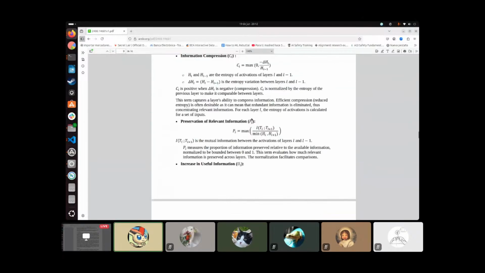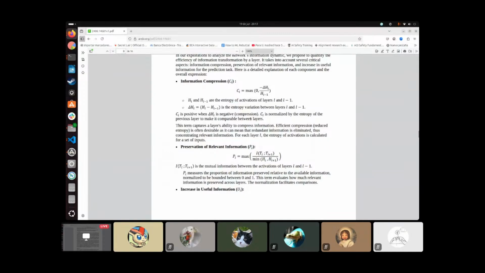What's compression and what's efficiency again? Oh, John is saying that total information is zero only for independent variables. Okay.